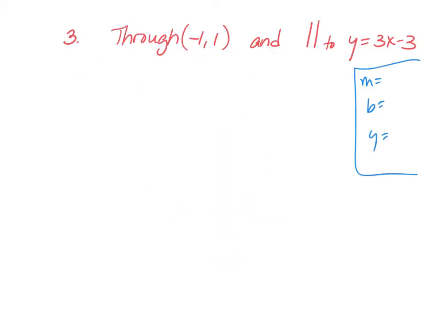So we've got that it goes through (-1, 1), and it's parallel to y equals 3x minus 3. So if the line I'm looking for is parallel to this line right here, I know the slope is the same, so that's 3. Do I need this equation anymore? Nope, I used what I needed, okay? So we have y equals mx plus b, y equals 3x plus b.